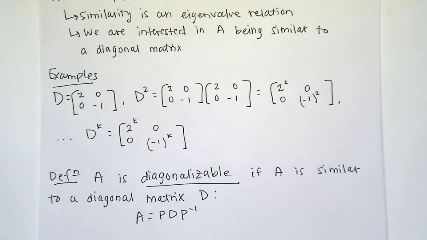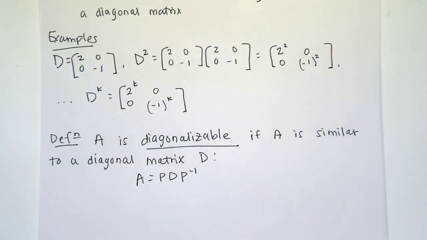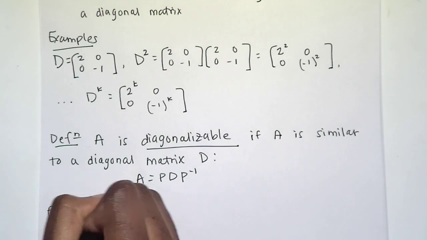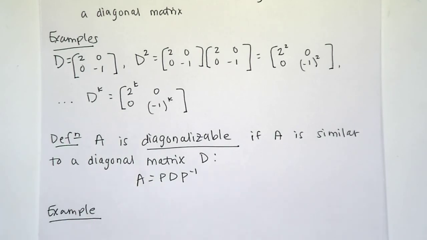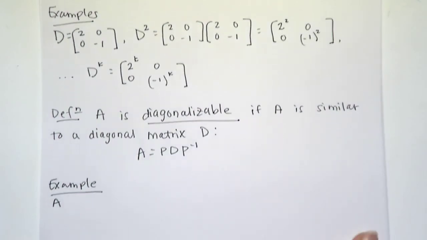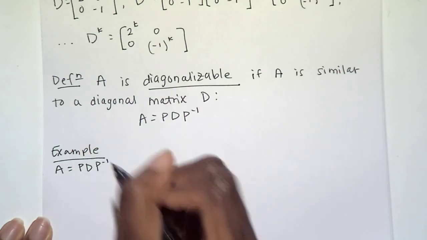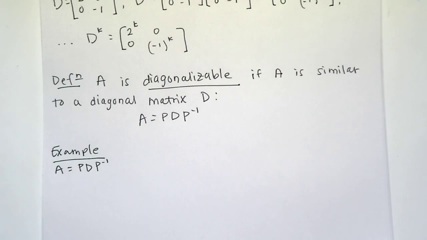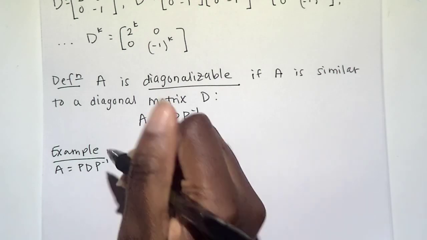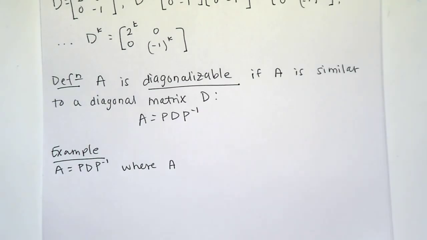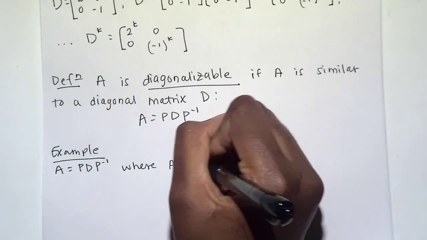All right, so let's look at an example. Let's say that A is similar to a diagonal matrix, where A is a 2 by 2.